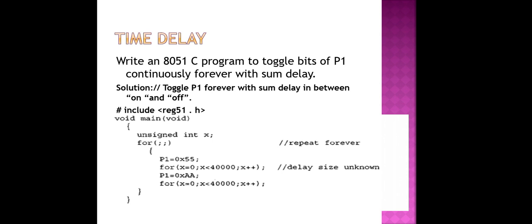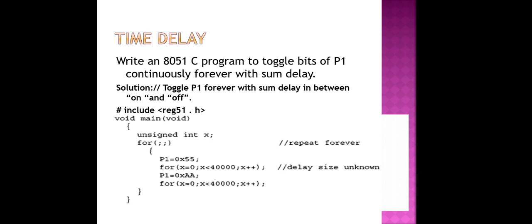Then the first condition is P1 = 0x55, for (x = 0; x < 40,000; x++). It is the delay size of the program. Then the second condition, P1 = 0xAA, for (x = 0; x < 40,000; x++).